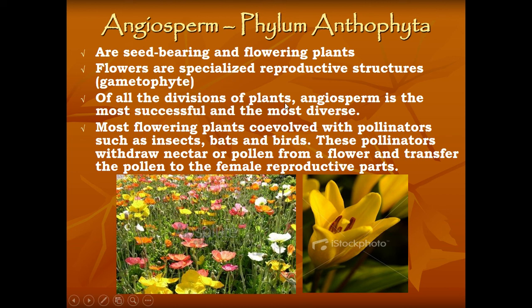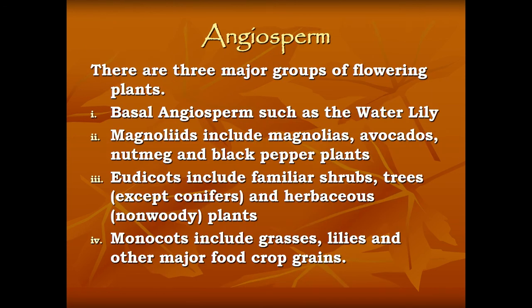Of all divisions of plants, angiosperms are the most successful and most diverse plant group, in which most flowering plants co-evolve with pollinators, such as insects, bats, and also birds, becoming the dispersal agents. These pollinators withdraw nectar or pollen from a flower and transfer the pollen to a female reproductive part.